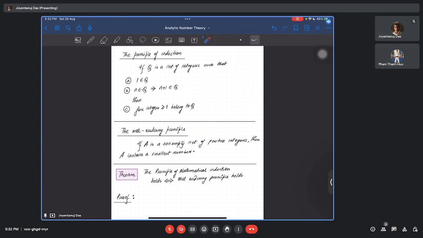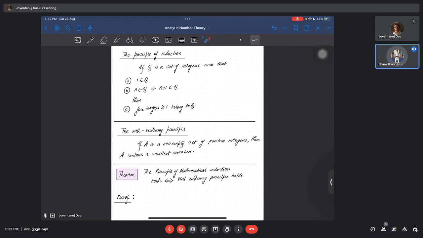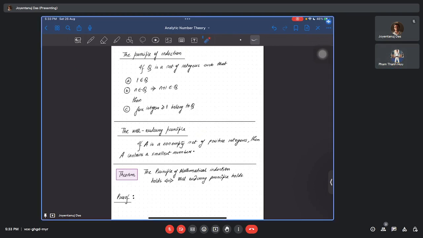I didn't understand your question. Tell again. In the principle of induction, I can read and understand line by line, but what does it mean? Why do we mention it here? No, the thing is that the well ordering principle is new to us, right? So it is the next theorem we have.